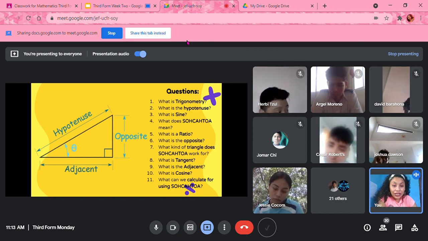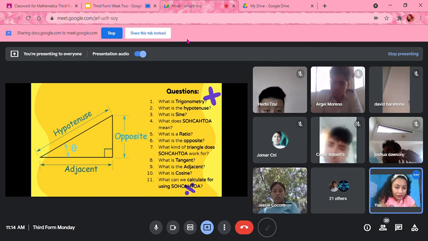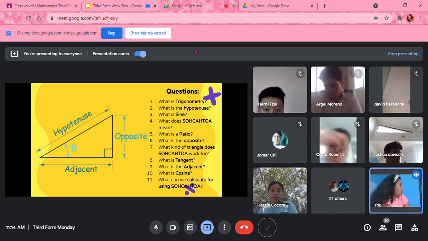And tangent is TOA, so I had tangent is equal to opposite over adjacent, right? So S, C, and T, those were the start of the formula. OH means that O is at the top, H is at the bottom. Opposite at the top, hypotenuse at the bottom, right? So that was how SOHCAHTOA functions.